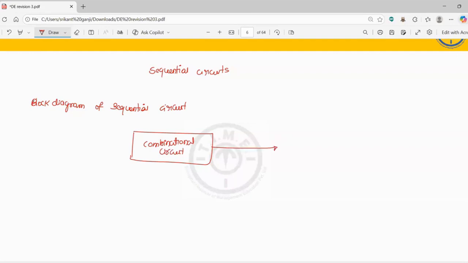So this is output, and here it is input. The present output depends upon the present input. So that is called the combinational circuit.